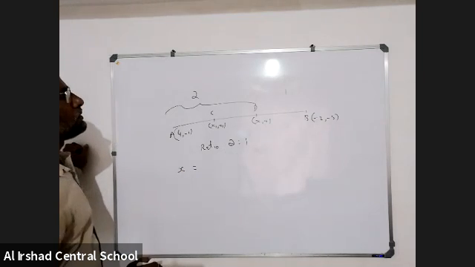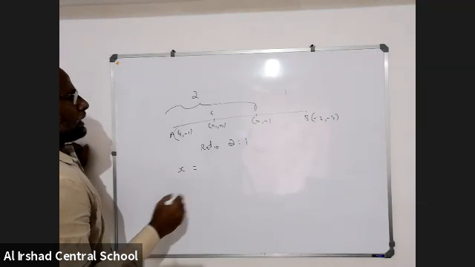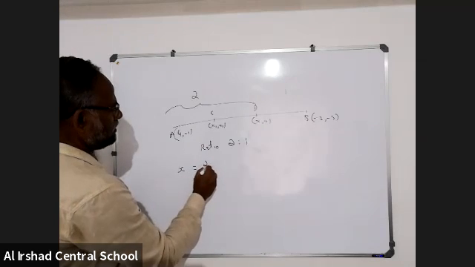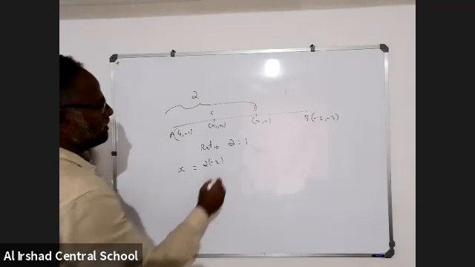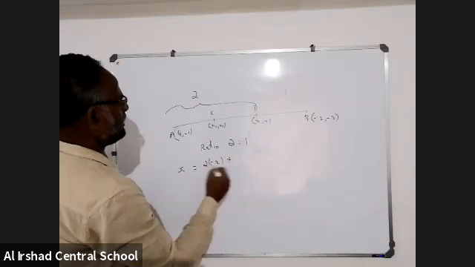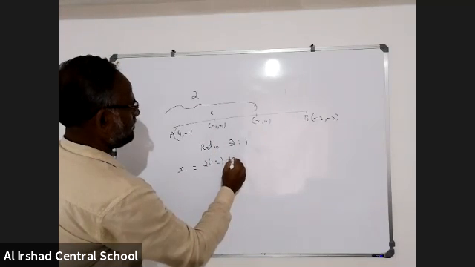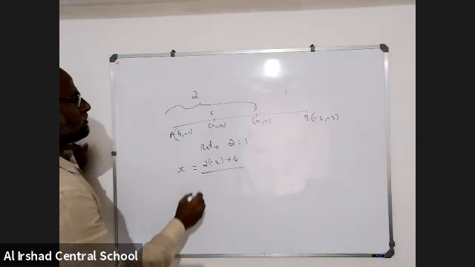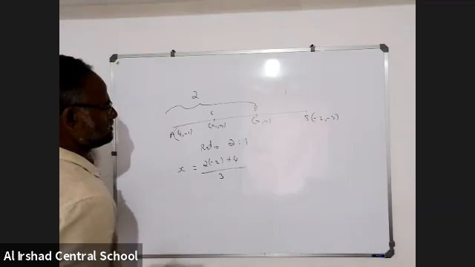X is equal to, write the formula and do, this is 2 into minus 2 plus 1 into minus 4, divided by 2 plus 1, 3.